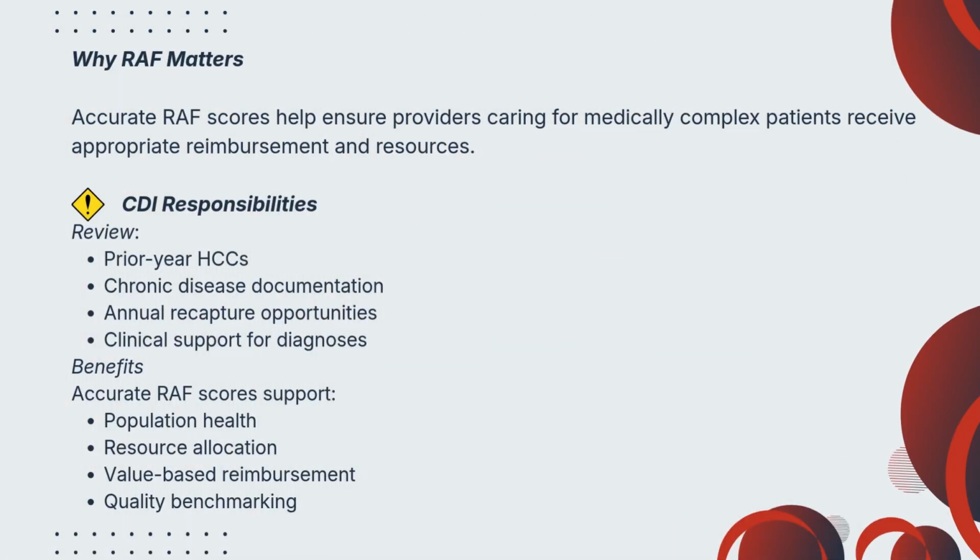Why RAF matters: accurate RAF scores help ensure providers caring for medically complex patients receive appropriate reimbursement and resources. CDI responsibilities: review prior year HCCs, chronic disease documentation, annual recapture opportunities, clinical support for diagnoses. Benefit of accurate RAF scores: support population health, resource allocation, value-based reimbursement and quality benchmarking.